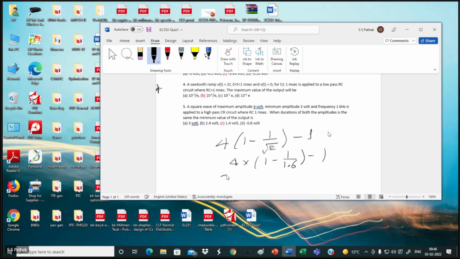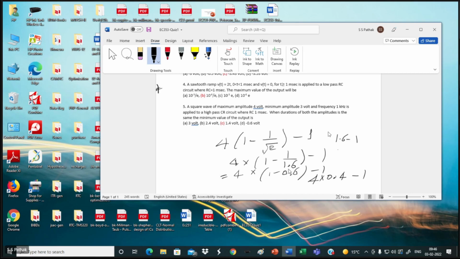Equal to 4 into 1 minus 0.6, minus 1. That means 4 into 0.4 minus 1, so 1.6 minus 1. It is minus 0.6.